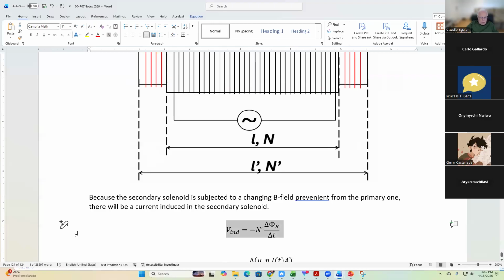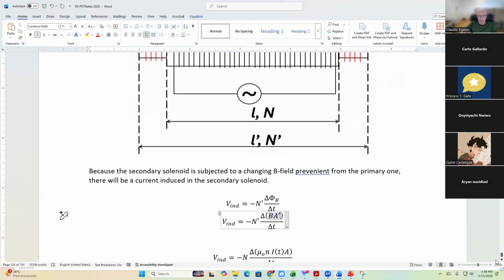Okay, continuing here with the math. The magnetic flux is going to be the magnetic field of the primary solenoid times the area of the secondary solenoid, which I'm calling A prime.